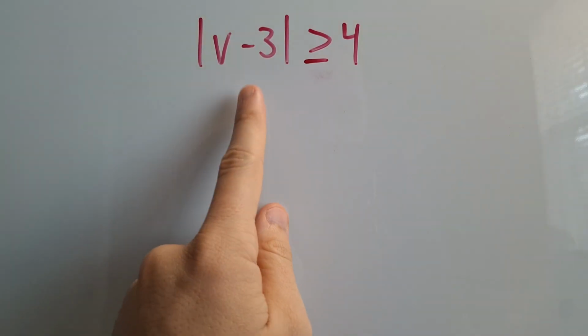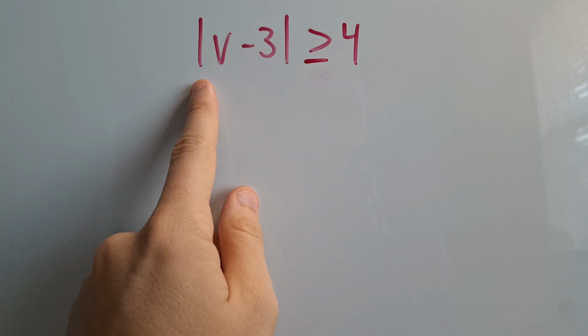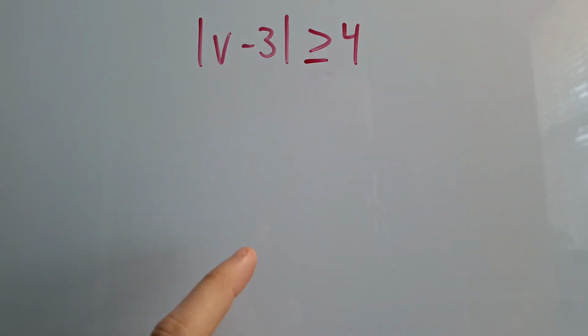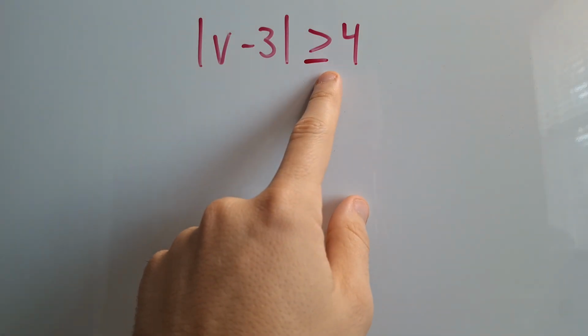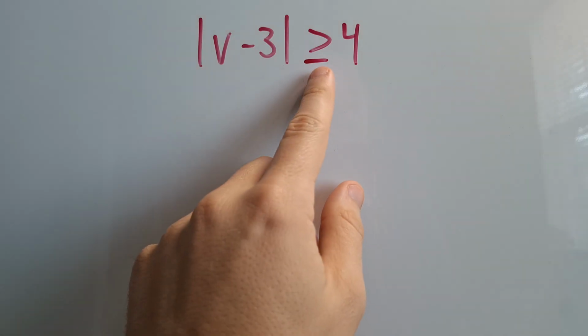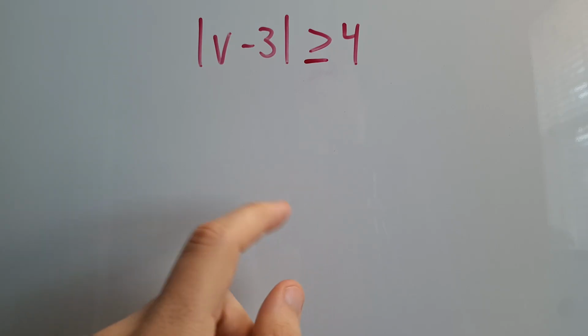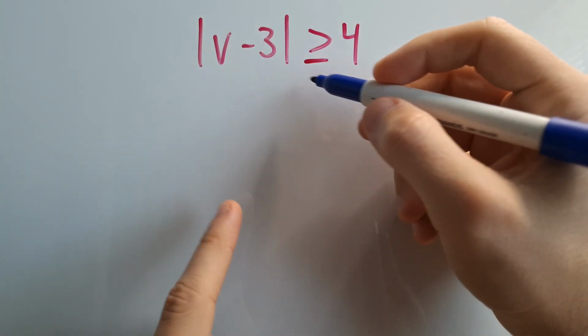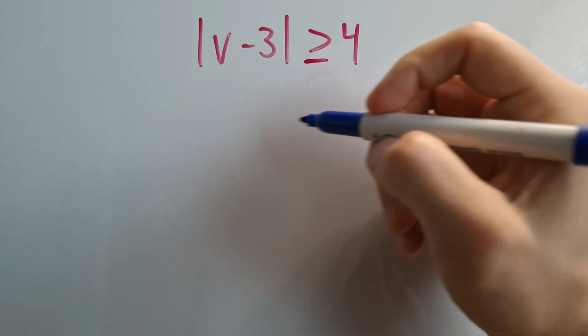Let's take a look at this first one. We have the absolute value of v minus 3 is greater than or equal to 4. Because we have the greater than, or in this case the greater than or equal to symbol, there is a specific method that we use to approach how to find the solution set for this absolute value inequality.